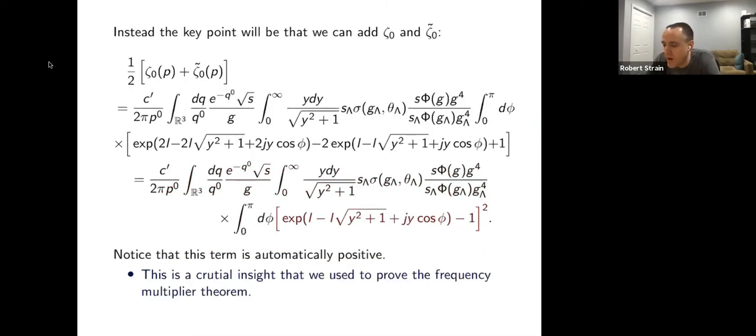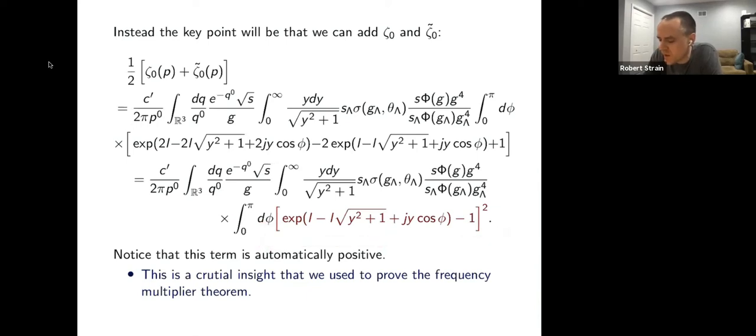And so the magic thing that we eventually noticed was that even though these two quantities themselves are bad, they're bad in different ways, and if you add them together and look at them in the right way, then at the end of the day there's a square hiding, and so this term is automatically positive. That was our very exciting feeling when we figured this out.